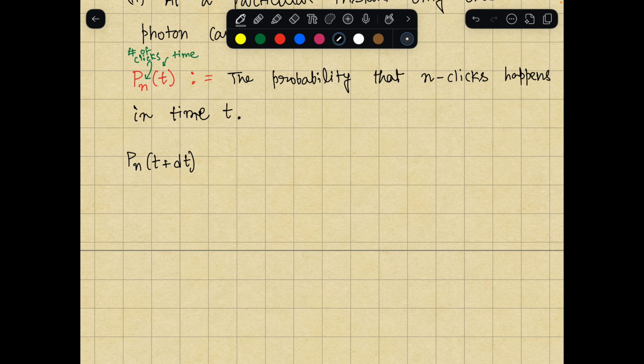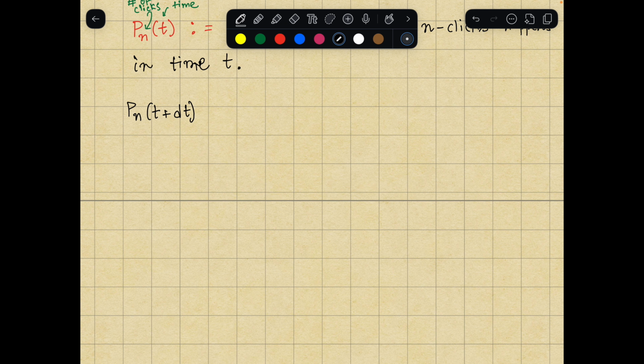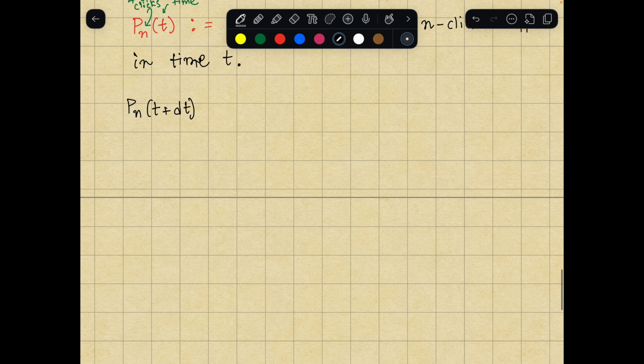To derive Pn of t plus dt, we have to take into account 2 events. Let's call the first event E1. E1 is that n photons arrive in time t, and in time t to t plus dt no photon arrives.